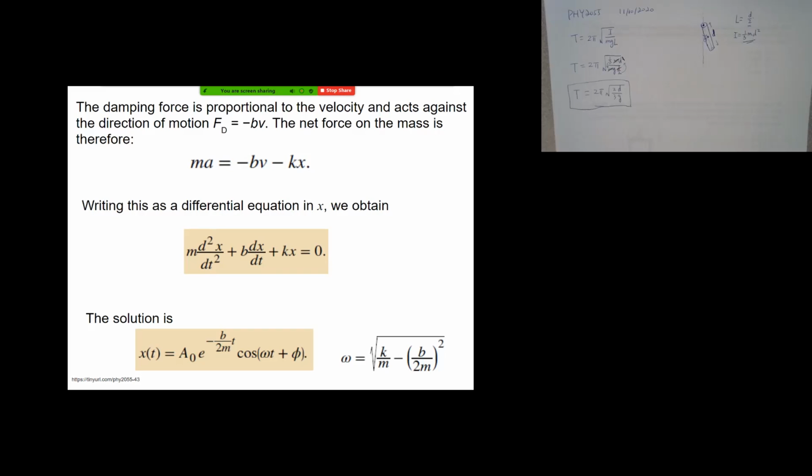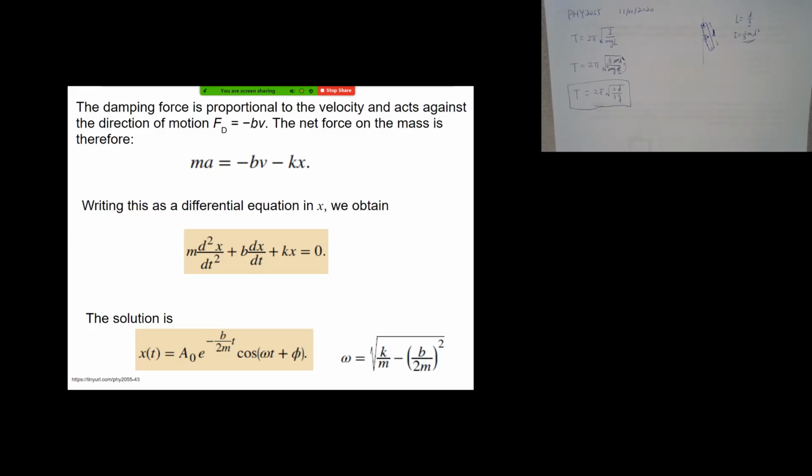If you rearrange the terms, acceleration can be rewritten as the second derivative of position, d squared x over dt squared. So m times a is this term, and then you move this term to the left-hand side of the equation, minus bv becomes positive bv. You rewrite v as the derivative of x over dt, so plus b dx/dt.